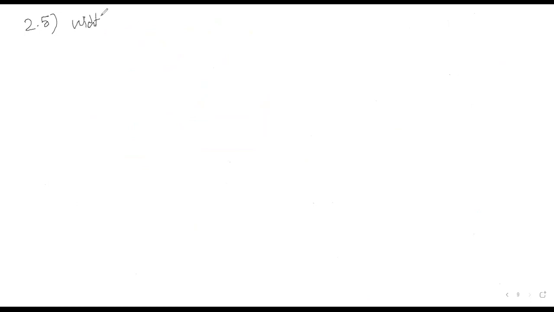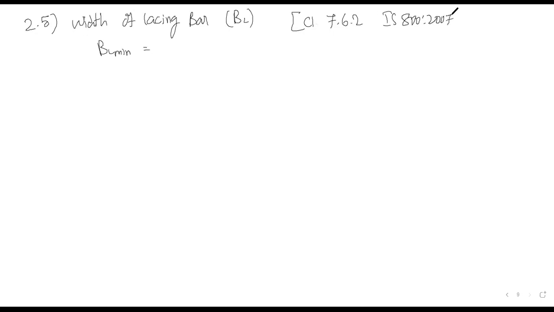Width of lacing bar, that is BL. So BL minimum value from the code book, clause 7.6.2 of IS 800 2007. I will show the width of lacing and thickness of lacing bar.